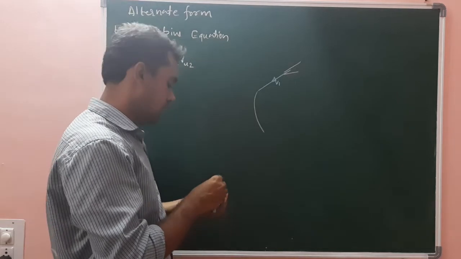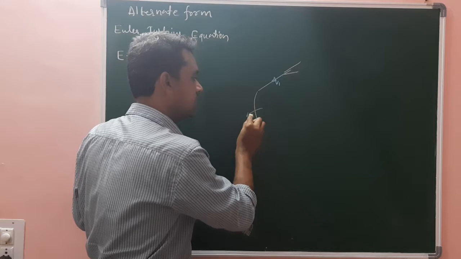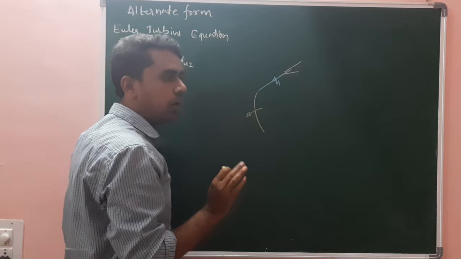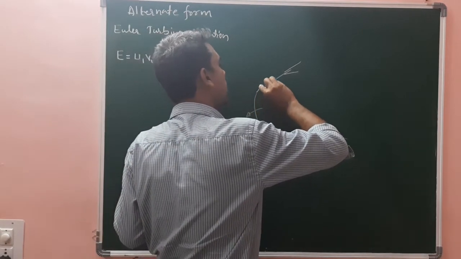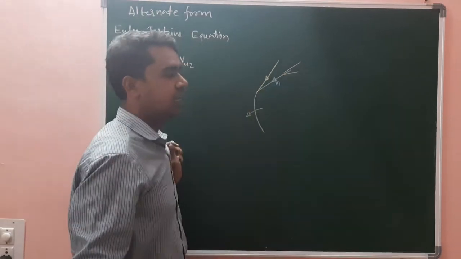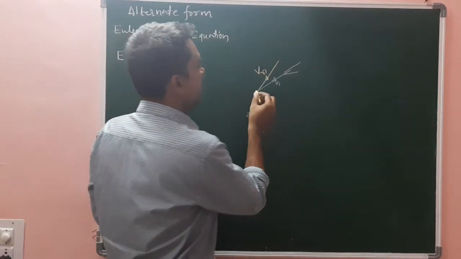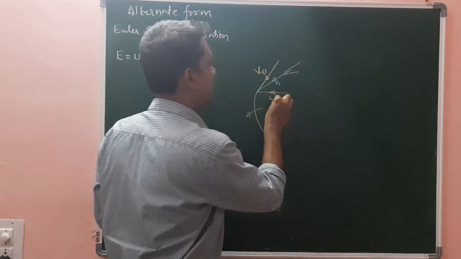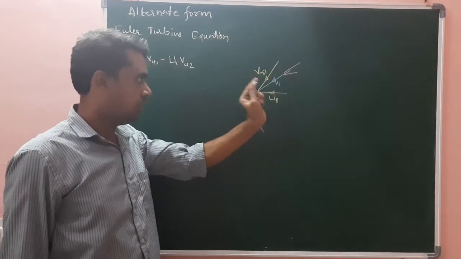And for the relative velocity, if we draw a tangent to the rotor blade at the inlet, that gives the direction of the relative velocity Vr1, and the tangential speed of the rotor U1 will be in the horizontal direction. These are velocity vectors, but not a triangle.